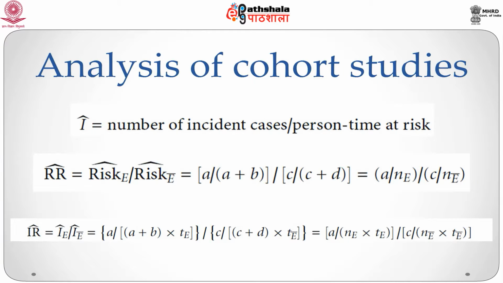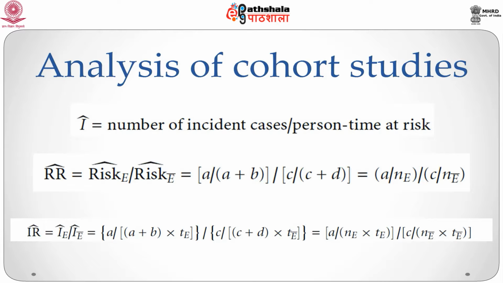Having done so, there are a number of outcomes which we could define. So we could define I hat as the number of incident cases divided by the person time at risk. This is relevant if each individual is followed up for a different period of time.